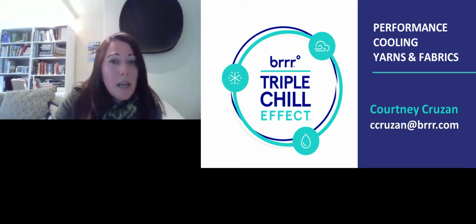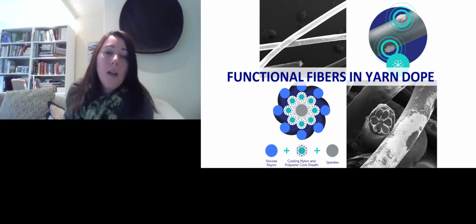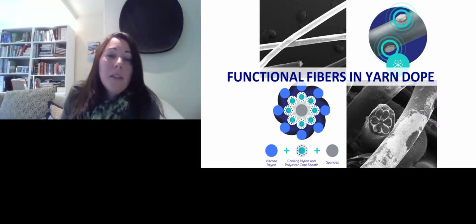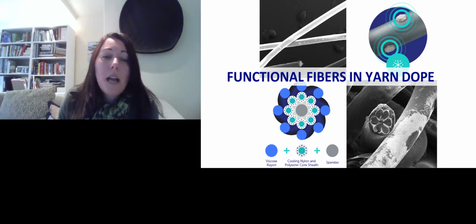I can go back to the slide I mentioned about the yarn dope stage, the fiber cross section. In this image there are 4 grids. The bottom left is a patented yarn that we have done, where the core is a cooling nylon and polyester, that's the performance, wrapped with a viscose rayon, and the core is a spandex.